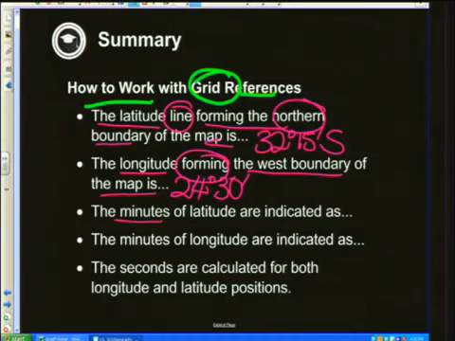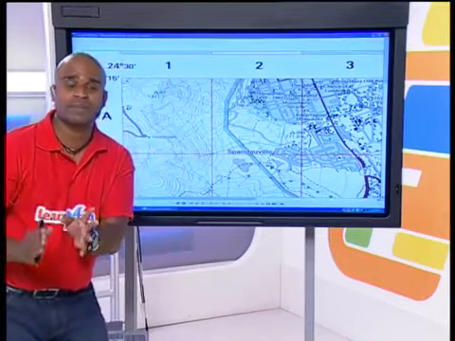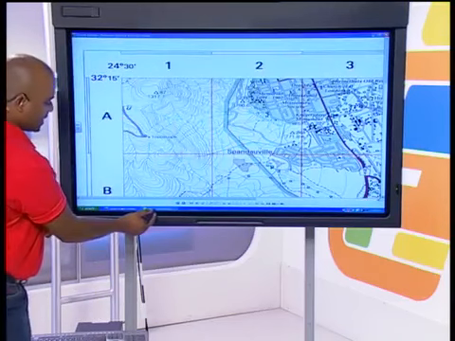The minutes of latitude are indicated as, let's go back to our Graaff-Reinet map and note the minute sign is different from your degree sign. When looking at these particular aspects, the signs that determine the value are important. Note how the degree sign is given as compared to the minute sign.